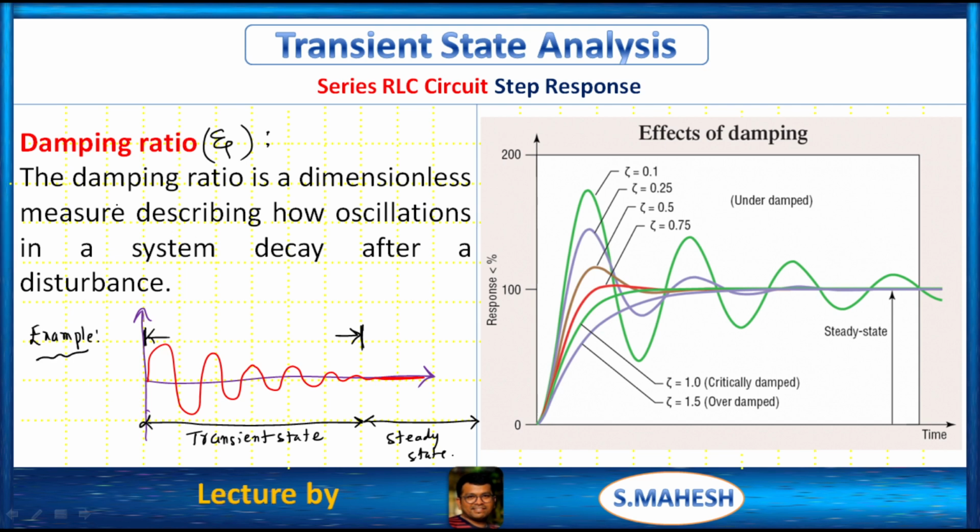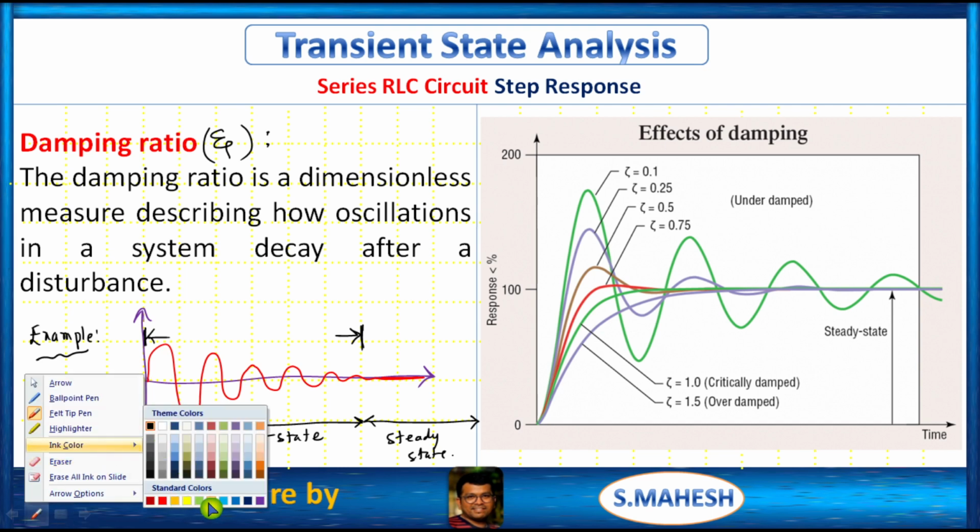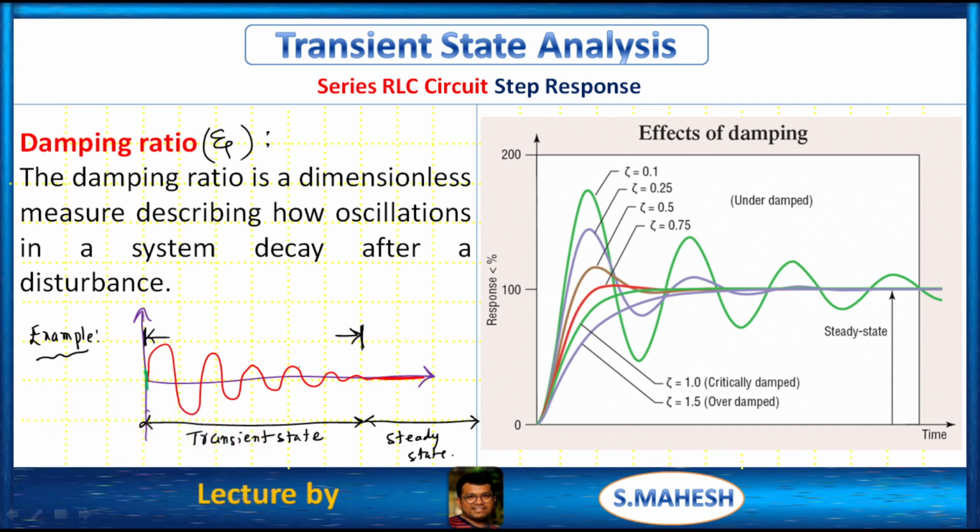See, now we have to read this statement. The damping ratio is a dimensionless measure which describes how oscillations in a system decay after a disturbance. So from here to here is nothing but disturbance, right? Transient. From here to here, this is nothing but disturbance, right?